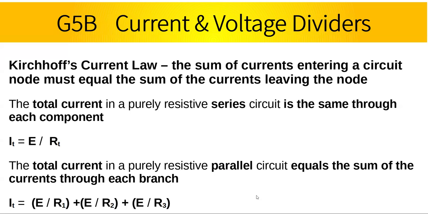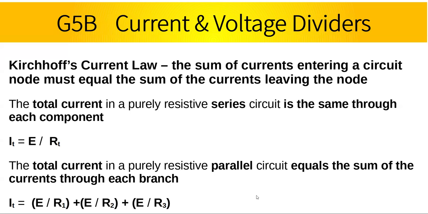In the case of the current law, it says that the sum of the currents in and out of a node, where you've got components connected, add up to 0. So the current in will be equal to the current out. So you got a plus in, you got minus out.